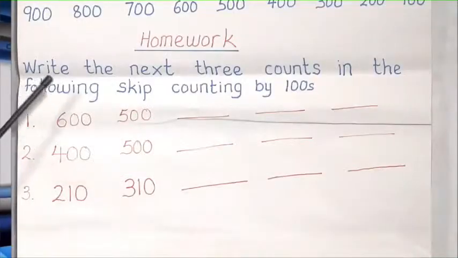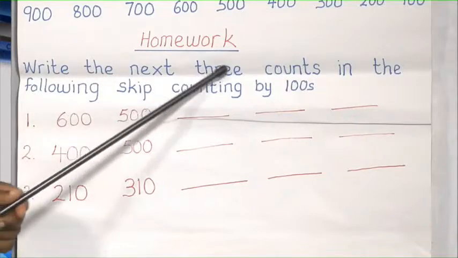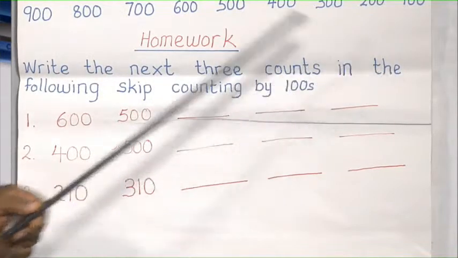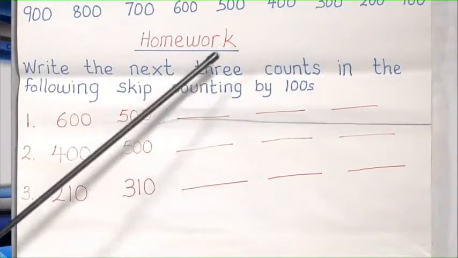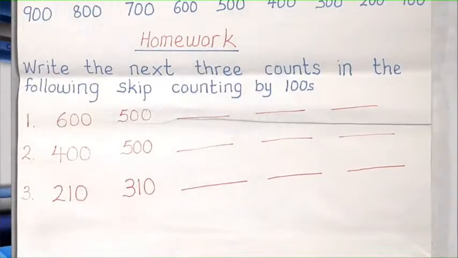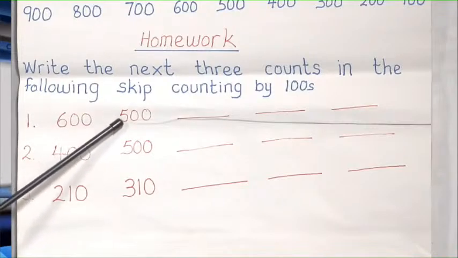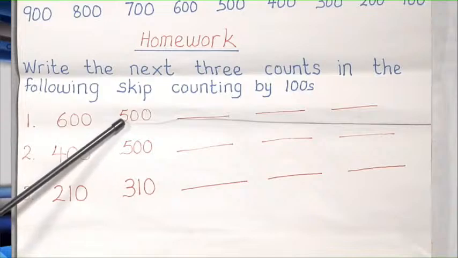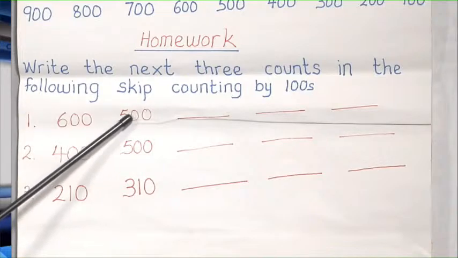On that note, I'll not leave you like that. I want to give you this homework. Write the next 3 counts in the following skip counting by 100. So the first one, we have 600. Look at this one. We have what? 500.